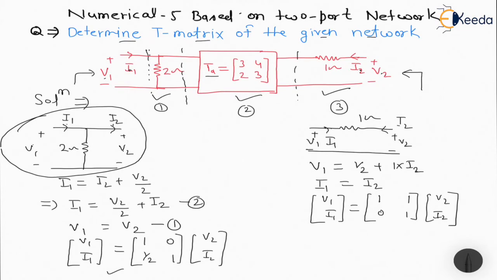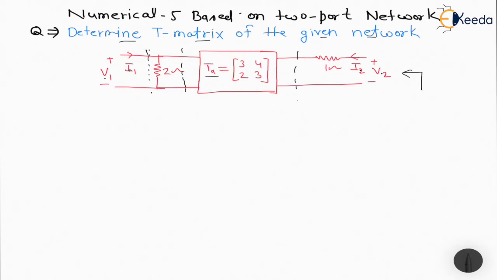We only need to multiply all these three matrices, because networks 1, 2 and 3 are connected in cascade. So if we want to find out the relation between final input and final output, we need to multiply all these three matrices.